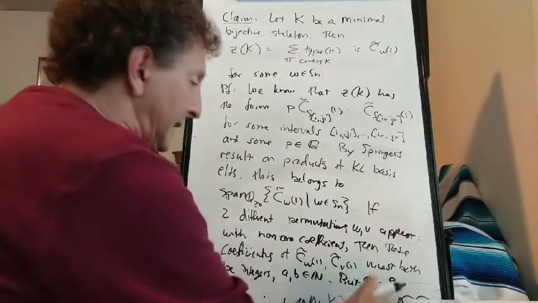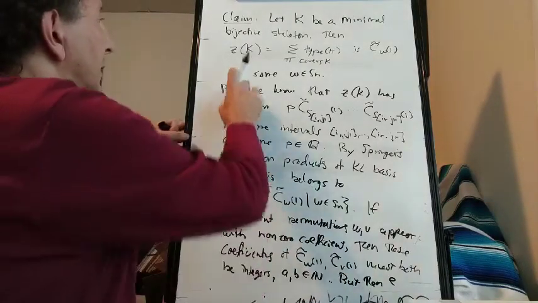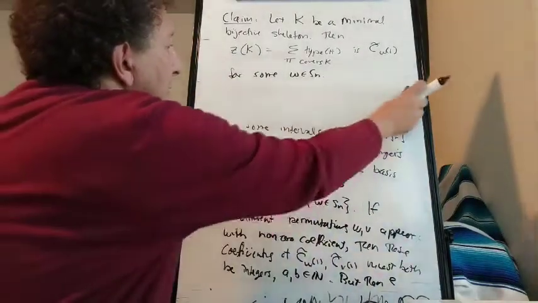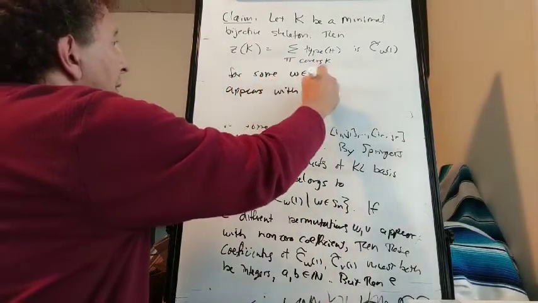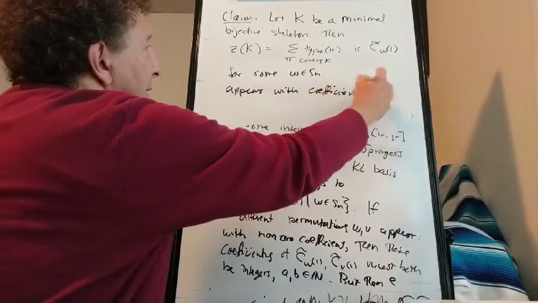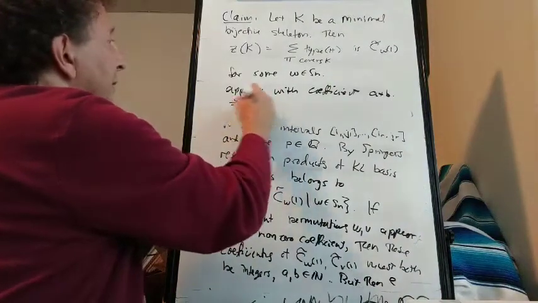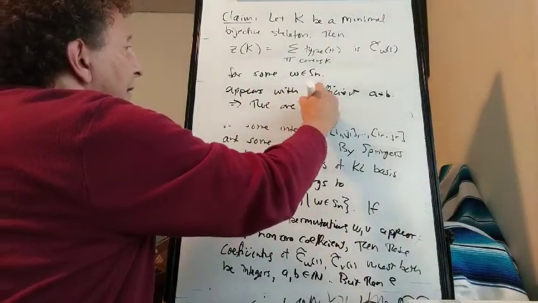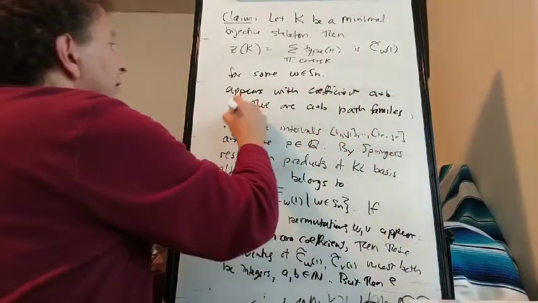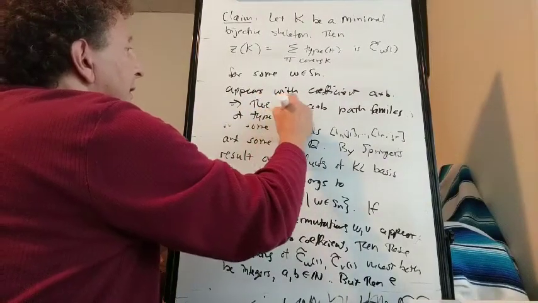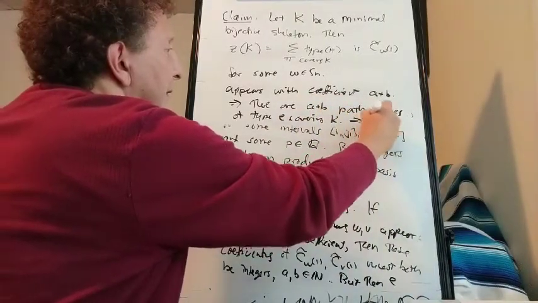But then the identity element E inside of both of these appears with coefficient A plus B. And that means there are A plus B path families of type E covering K, and that's a contradiction.